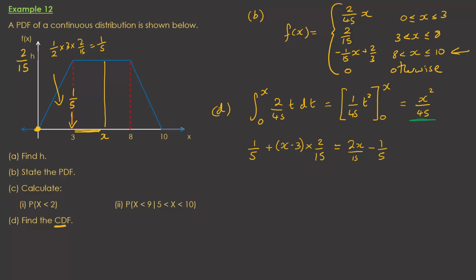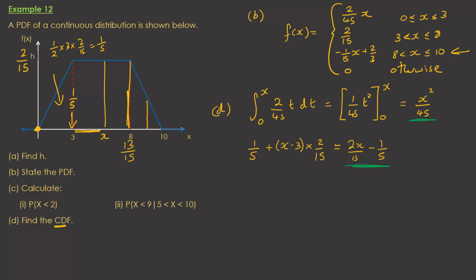So let's just keep a note of these results. And then for the next section, well, let's think about what the probability is when we reach 8. So that's going to be 16 over 15 take away 3 over 15. So that makes it 13 over 15 when we get to here.